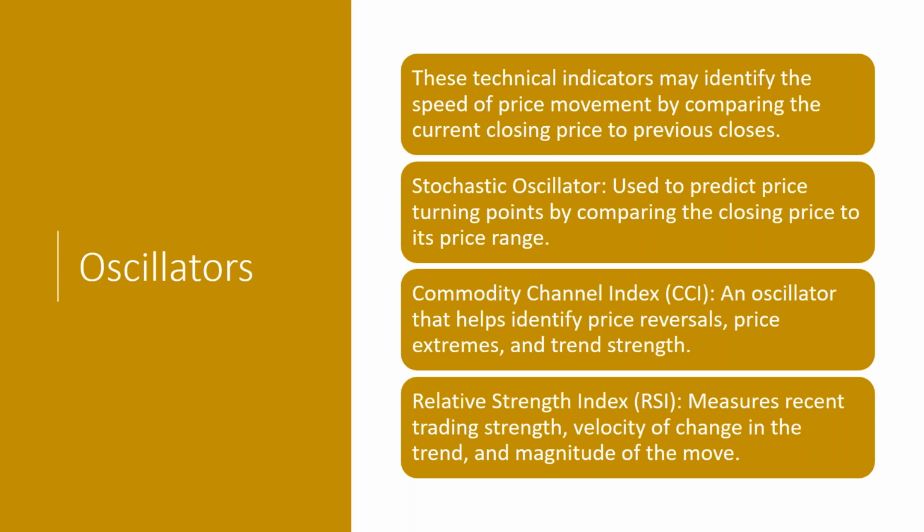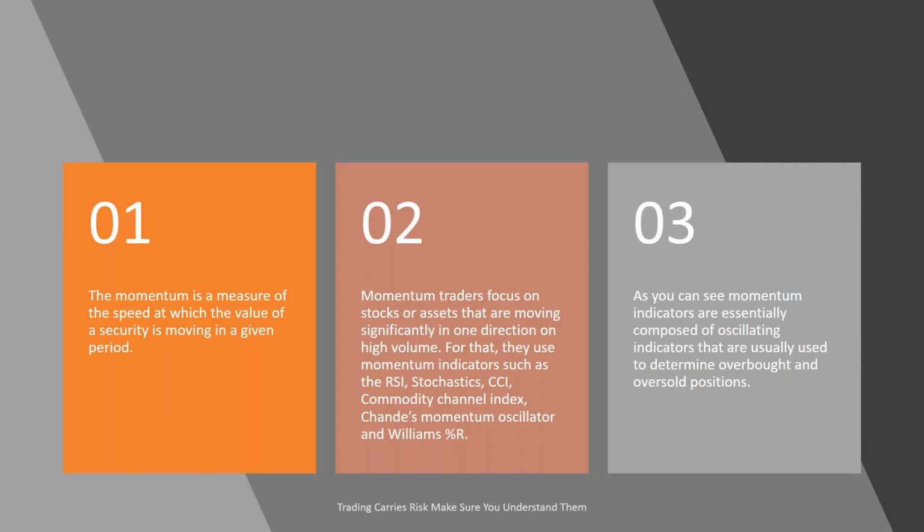Now, they fall in this category called oscillators, as I mentioned earlier. These technical indicators may identify the speed of price movement by comparing the current price to previous closes. The stochastics oscillator is used to predict price turning points by comparing its close. RSI we've gone over, and CCI we've gone over. But the momentum, now what is the momentum? Why do we want to include momentum?